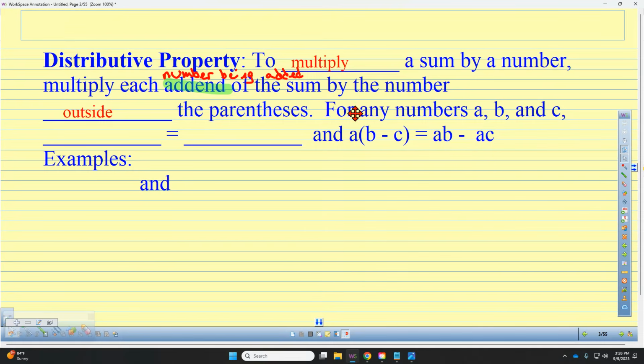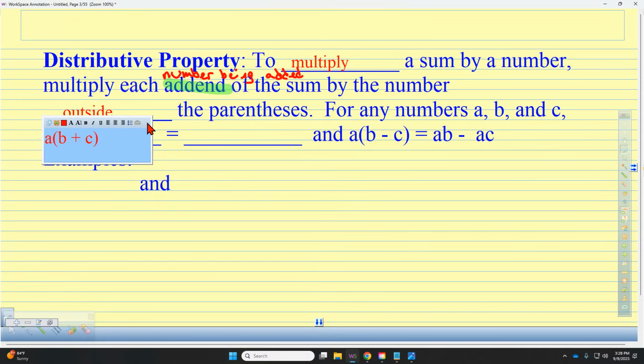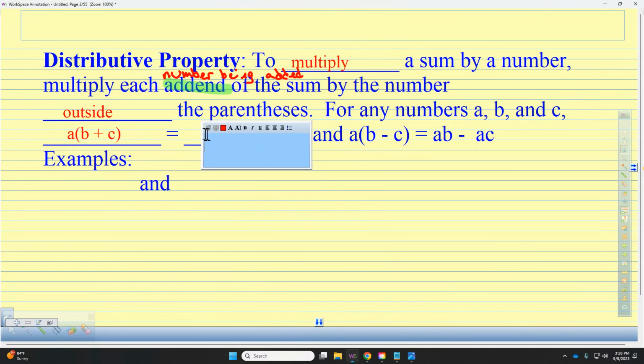For any numbers A, B, and C, then we have A times the quantity B plus C is then equal to AB plus AC.